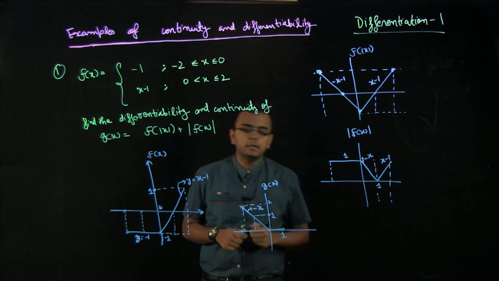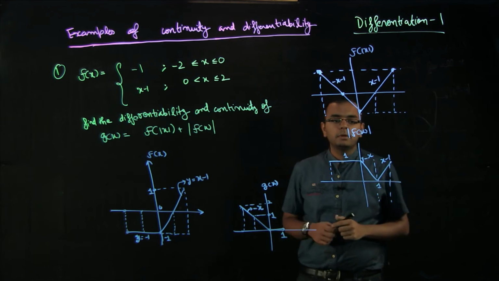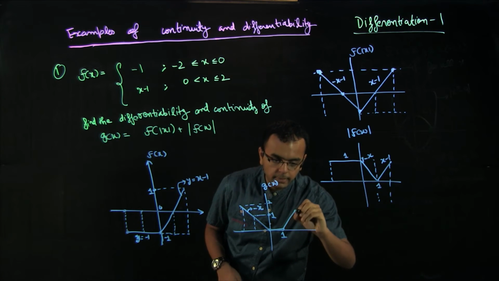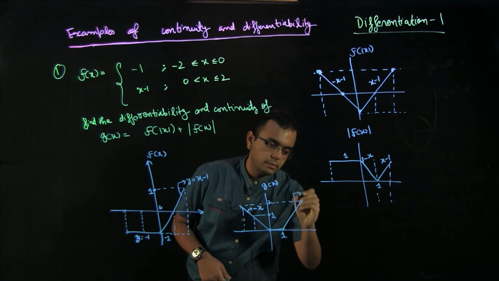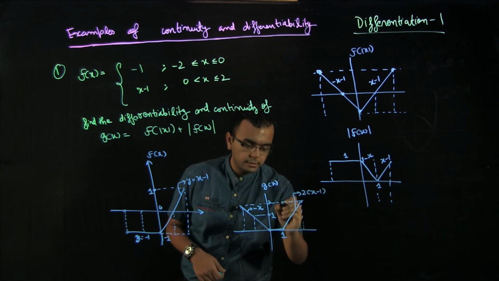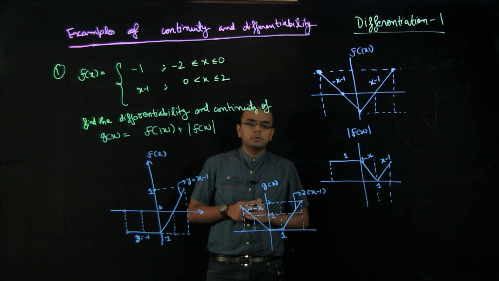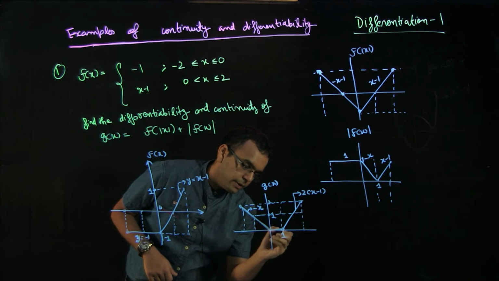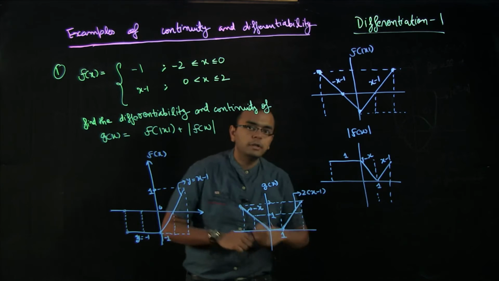And then here it is x minus 1 and x minus 1, so if you add them, it will become 2x minus 2. All right. So now the final graph is here. We can clearly see that it is continuous for all x between minus 2 to 2. So it is continuous for all x.